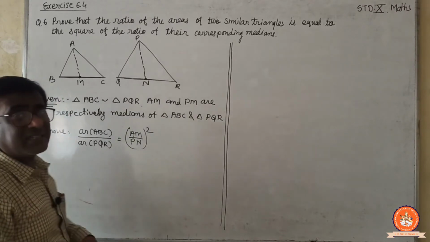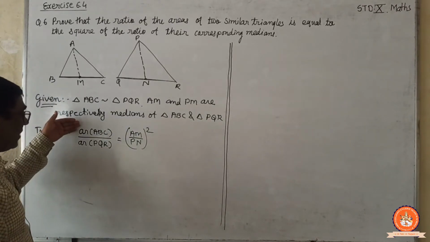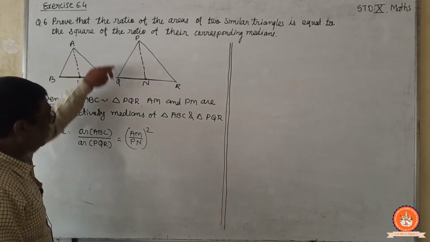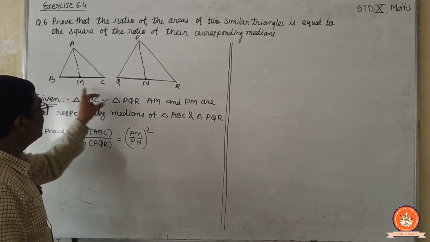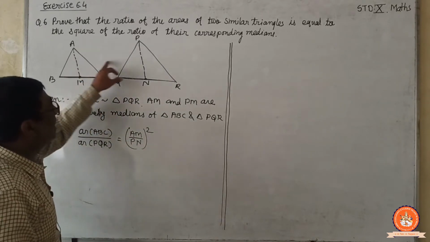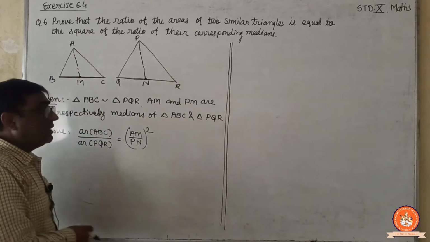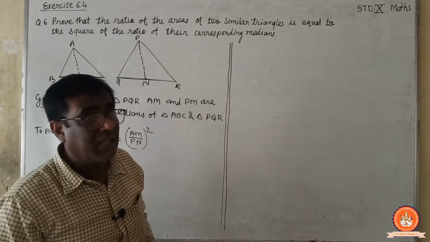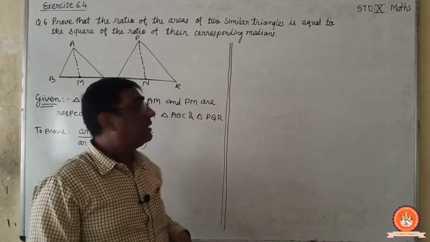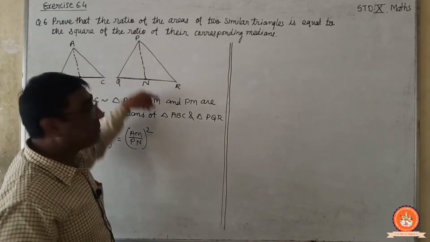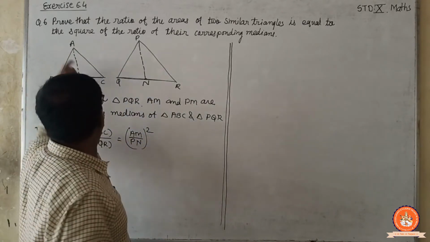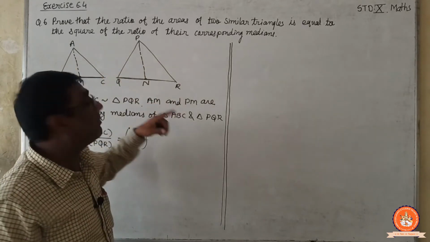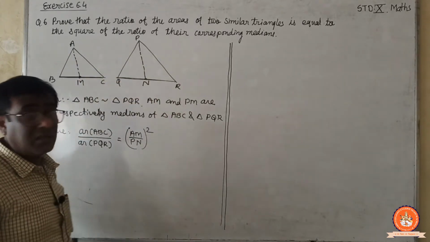Now in 6.6 theorem, here it was area of ABC upon area of PQR is equal to AB upon PQ the whole square, is equal to BC upon QR the whole square, is equal to AC upon PR the whole square. Now if we want to use theorem number 6.6, then we have to replace AB upon PQ the whole square by AM upon PN the whole square.